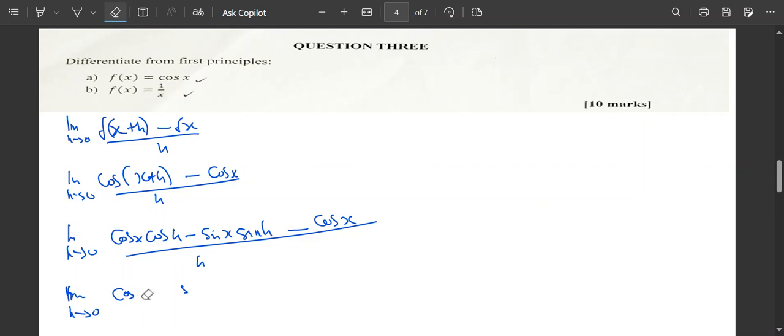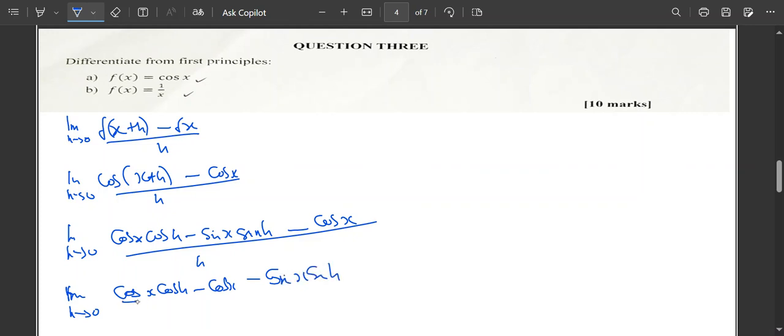Let me just group the right terms. So here it is giving me cos x cos h minus cos x minus sin x sin h over h. So this h is for everything, by the way.